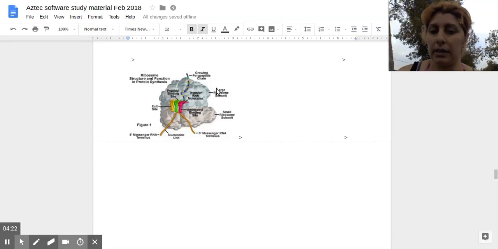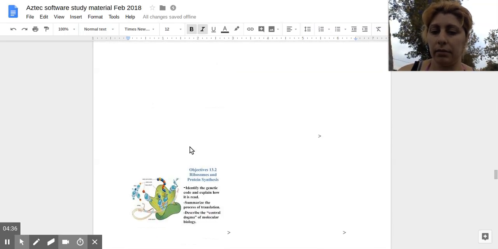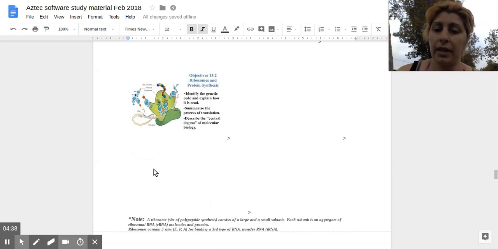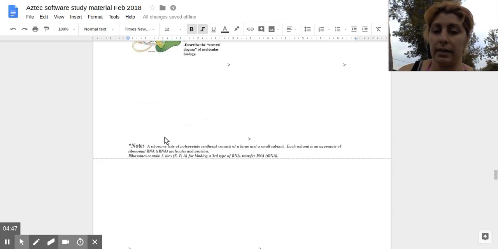So this is showing the large ribosomal subunit and the small ribosomal subunit. The genetic code results in a specific protein being synthesized, basically, in the translation process in the ribosome.